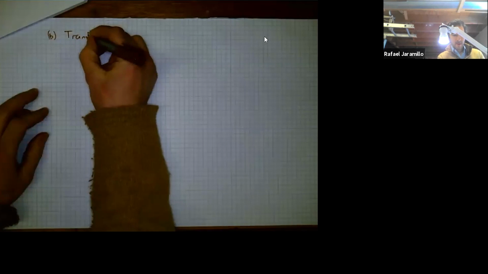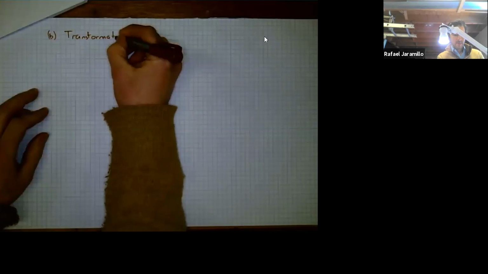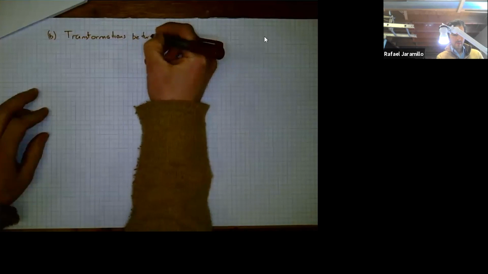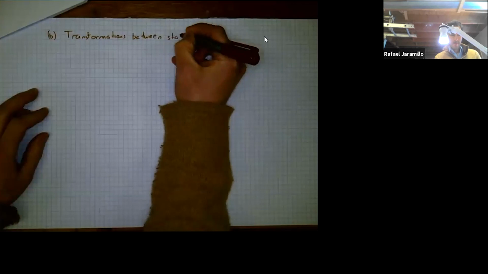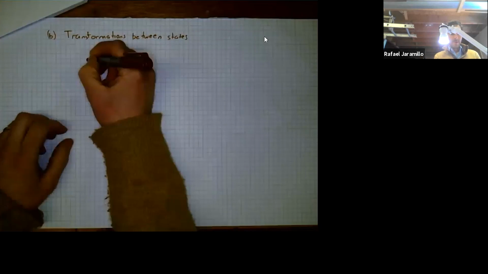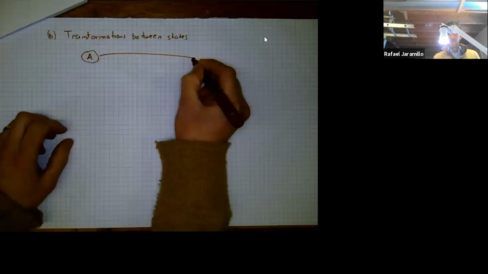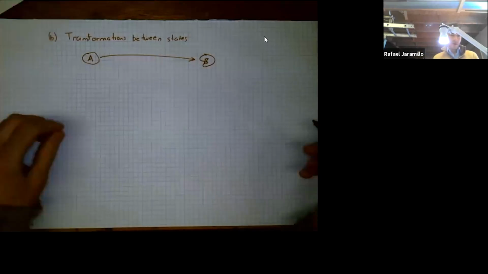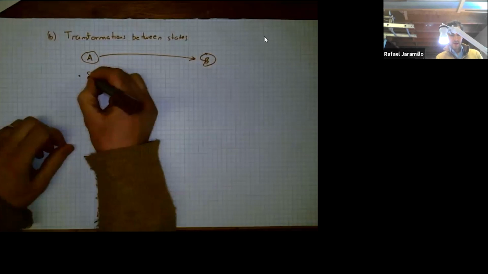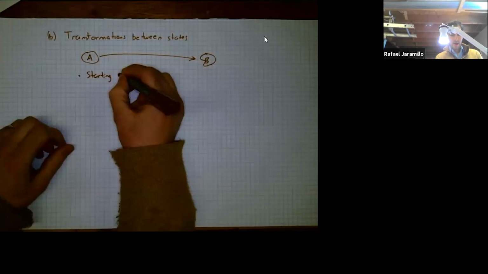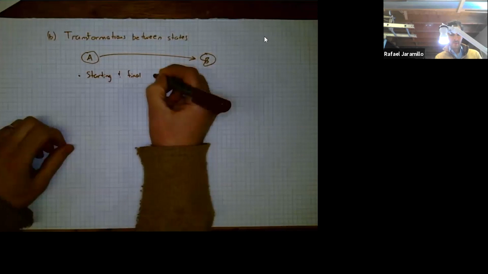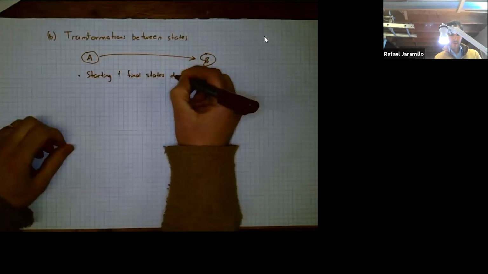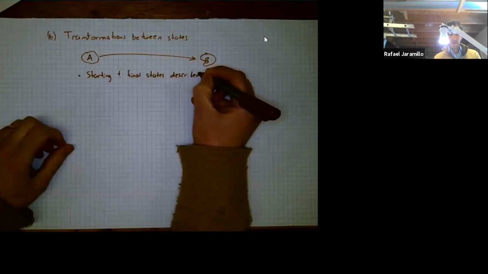Thermodynamics also treats transformations between states. So this is pretty generic. We have some state A, and it transforms to some state B. It treats transformations, so we have starting and final states described with certainty.